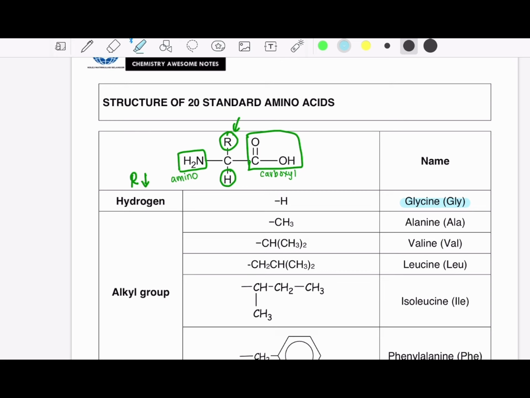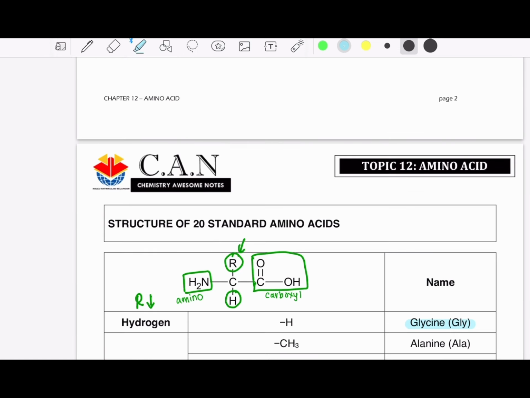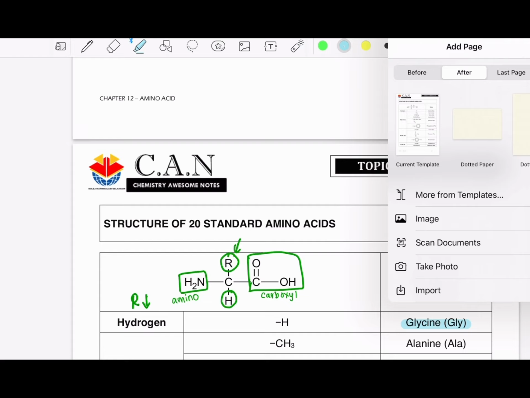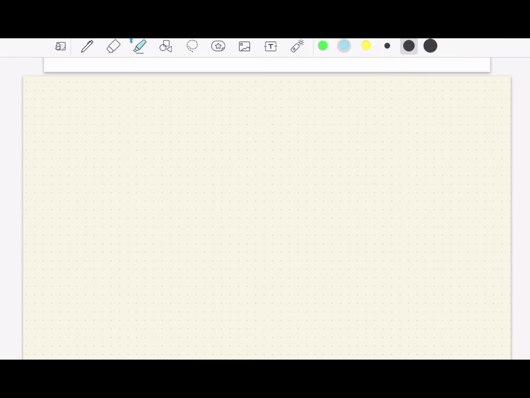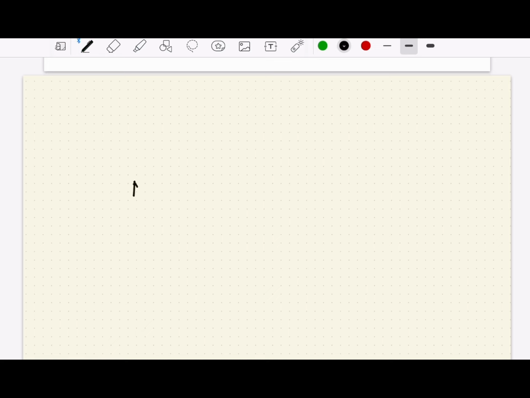If you remember, I mentioned just now that glycine is not optically active. Why? Let me show you. Now we have NH2, C, then we have C double bond O, OH, and we have H here.